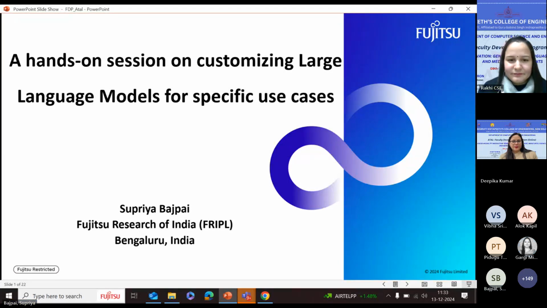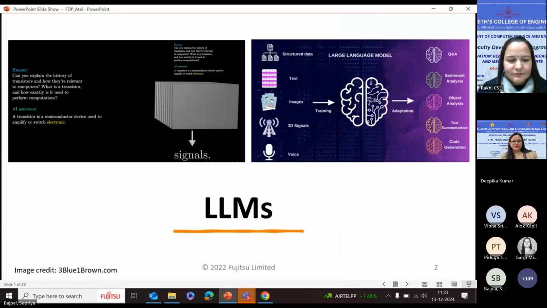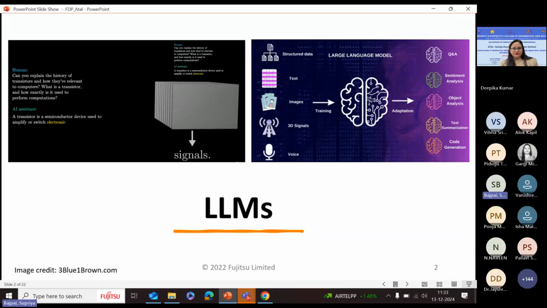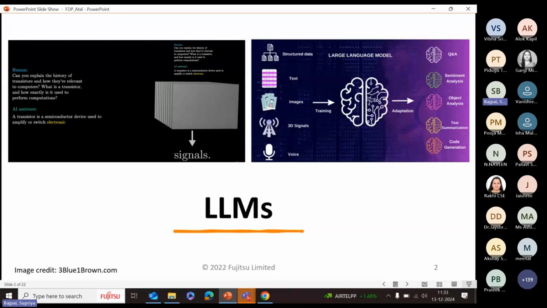Okay, so let's get started. Today we will deep dive into something that's been making a lot of waves in the tech world. That is large language models, also known as LLMs in short form. These are the systems behind things like chatbots, writing tools, and even the recommendations that you get from your favorite apps.